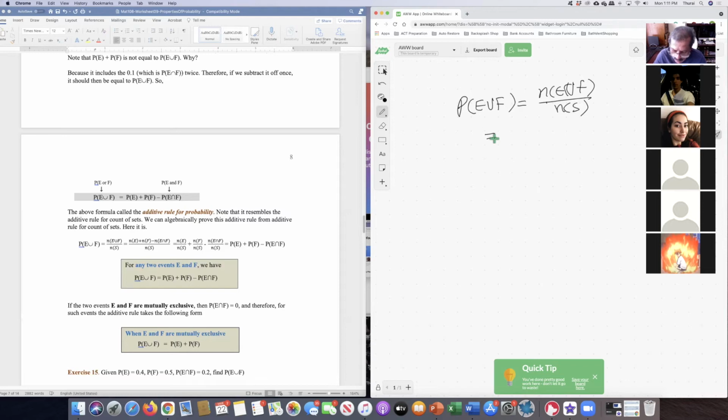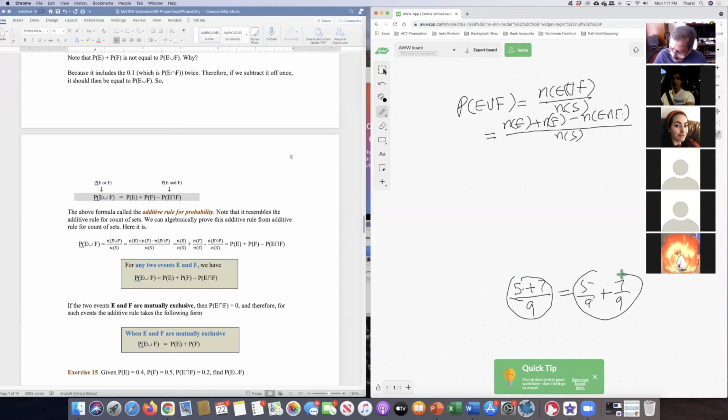So applying the union rule for set theory, the numerator becomes count of E plus count of F minus count of E intersection F, divided by count of S. Now, you know that 5 plus 7 over 9 is the same as 5 over 9 plus 7 over 9, right? The basic fractional arithmetic idea. So I can split an expression like this into 2. I'm going to do that for all 3 of the expressions in the numerator.